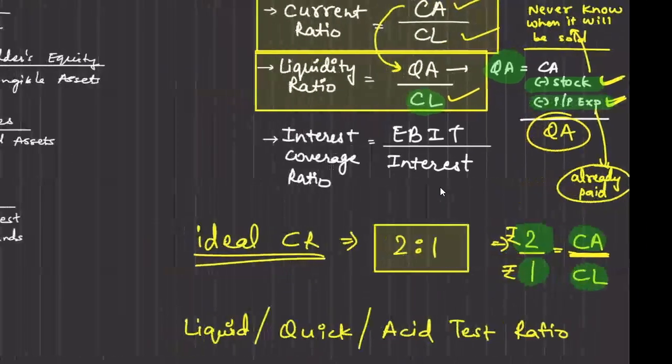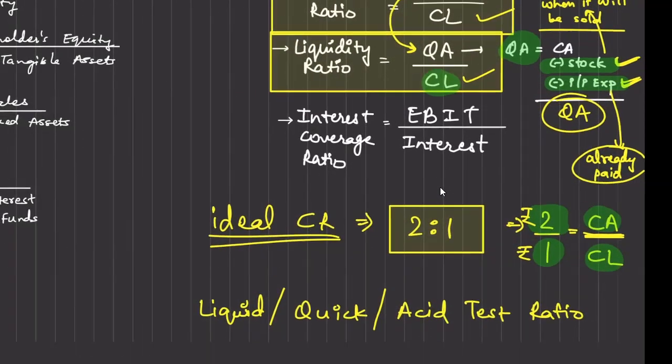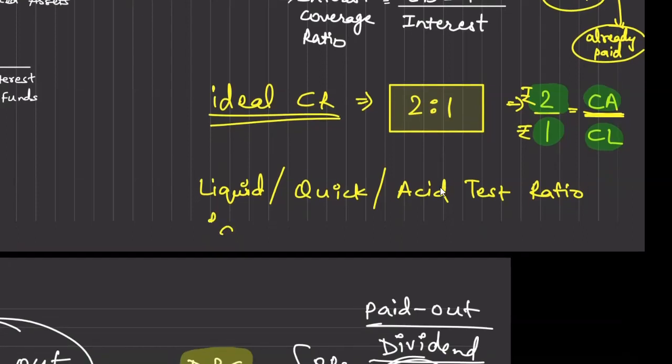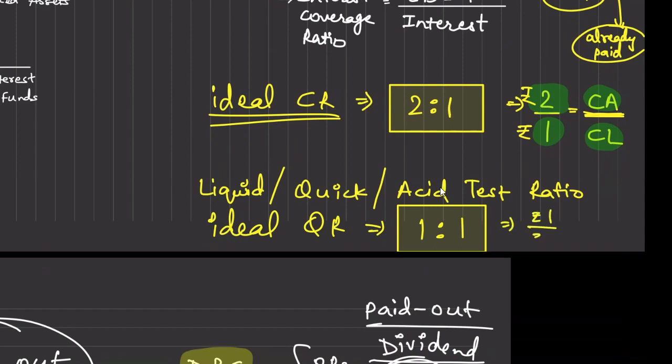So there is an ideal quick ratio as well. The ideal quick ratio is 1:1. That is, for every 1 rupee of liability, you should have 1 rupee of quick assets. That is rupees 1 divided by rupees 1. This rupees 1 is your quick assets, and this rupees 1 is your current liability.